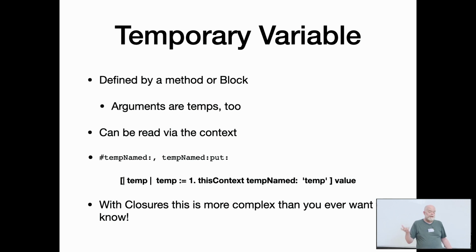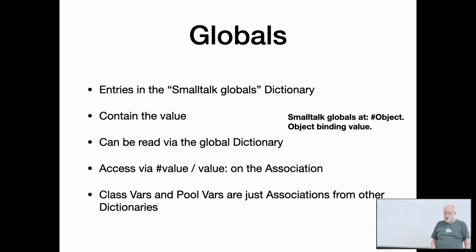Yeah, so then there are temporary variables which are part of a method. Arguments are temporary variables too in the model that we have. You can read them with tempNamed and tempNamed:put: from the context. And as I said, with closures, the actual implementation is much more complex than you ever would think. We have globals. They are entries in the Smalltalk globals dictionary.